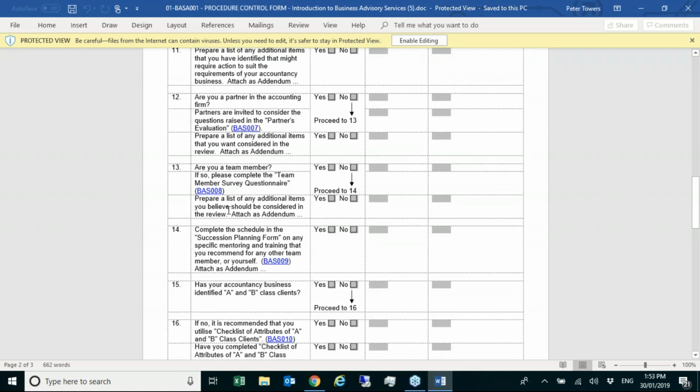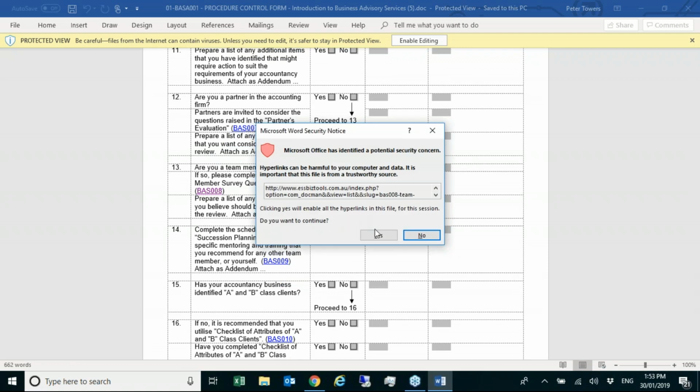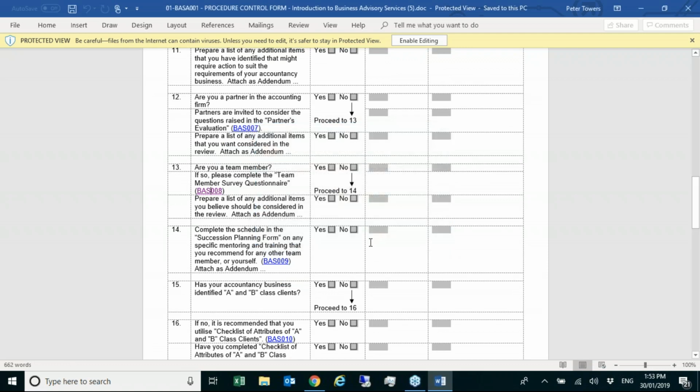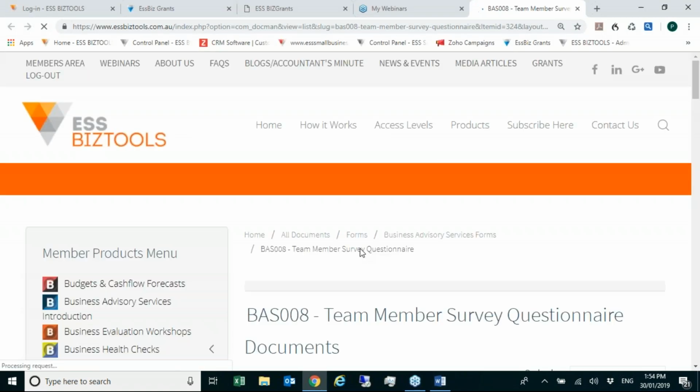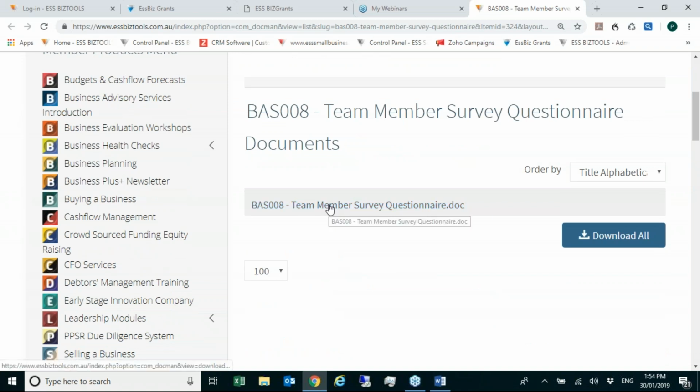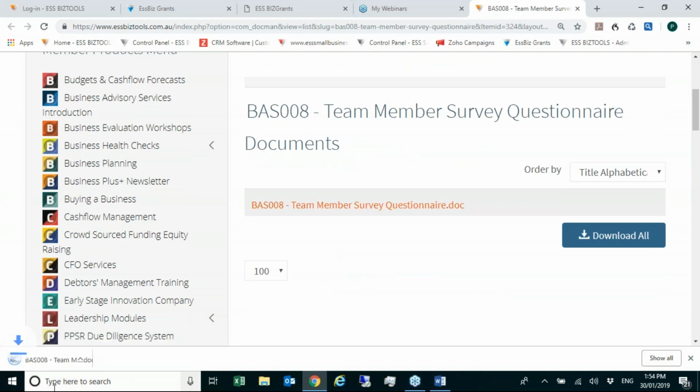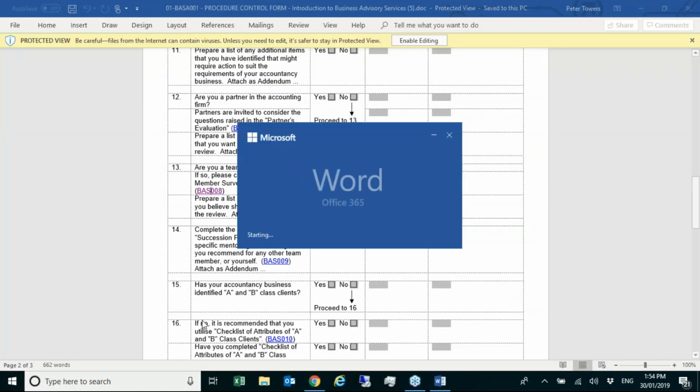We've also got a form for a team member. So if we want to go and look at those, we'll just click on, and bring it up.